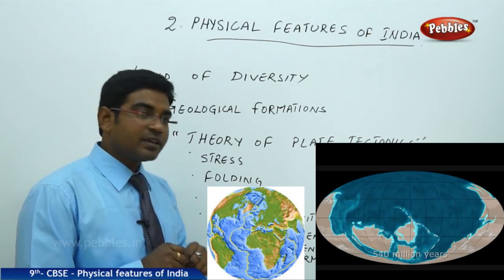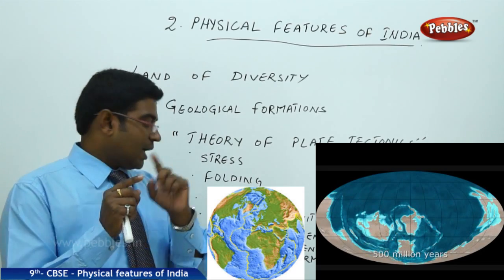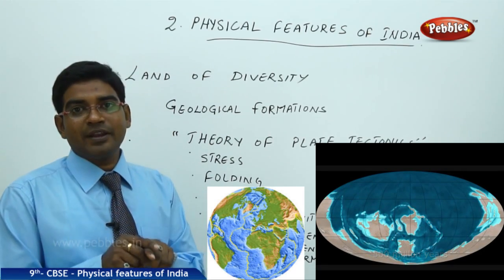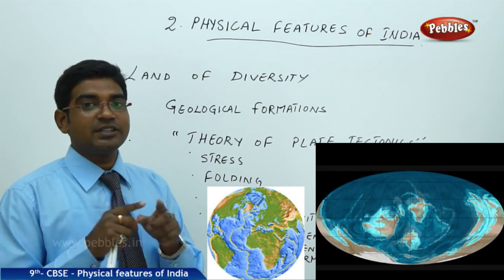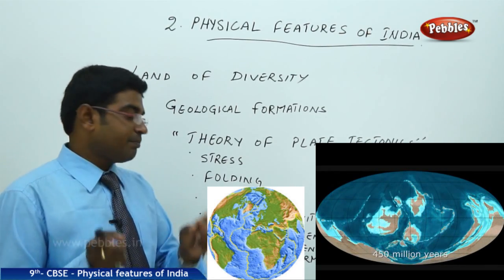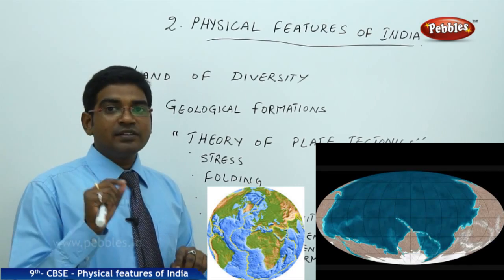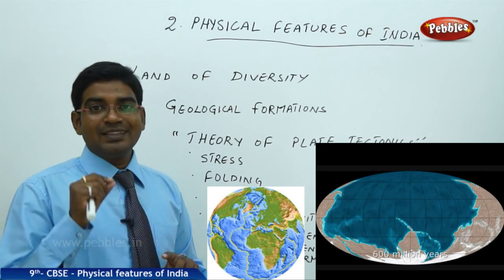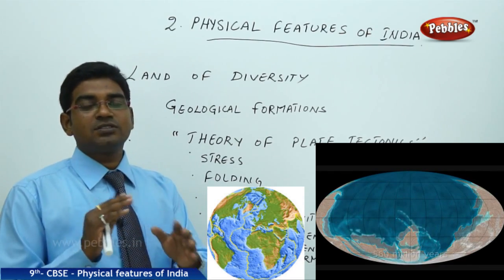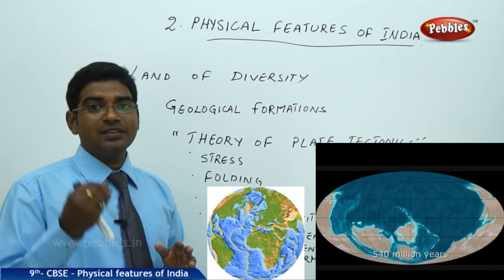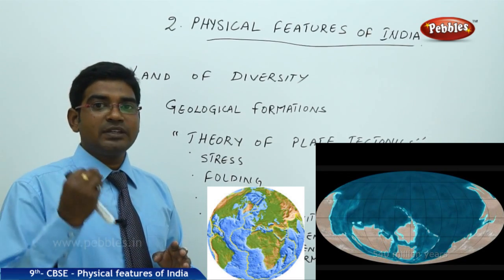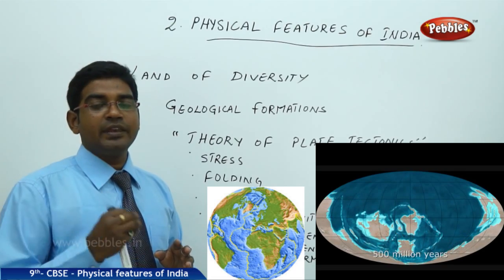Second, when one plate moves away from the other plate, that is called divergent movement. They are moving differently from each other. And the third movement is called the transform movement, which changes the momentum. Like this, the plates are the basic reason for the formation of the different landforms in India.